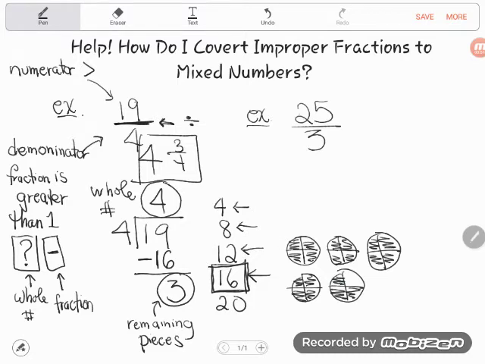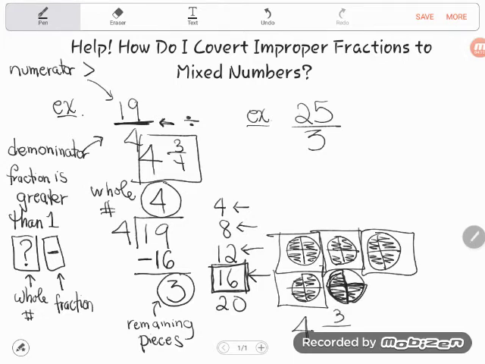I can see that's how many whole things: 1, 2, 3, 4 whole things, and 1, 2, 3 fourths. All right, nice. Now, I'm not going to draw a picture every time, guys, so now we're just going to use division because I'm way too lazy.